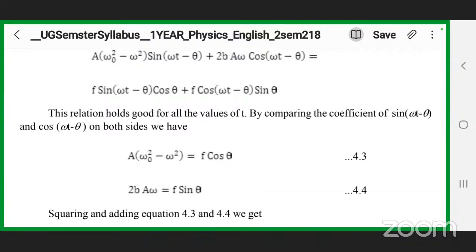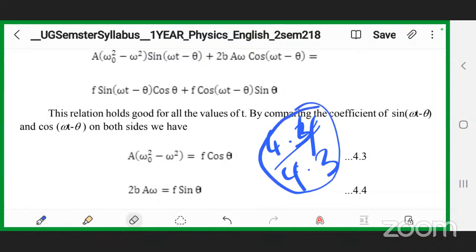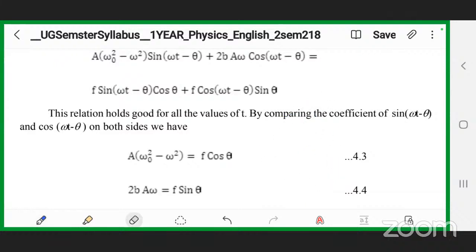Tell me the answer. Equation 4.4 divided by 4.3 gives tan theta, which equals 2b omega divided by omega naught square minus omega square.